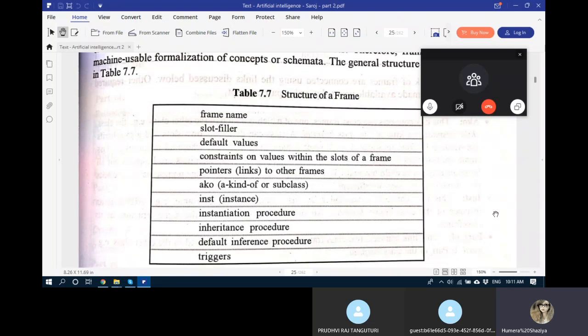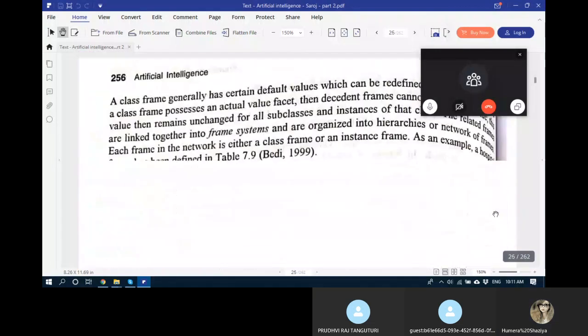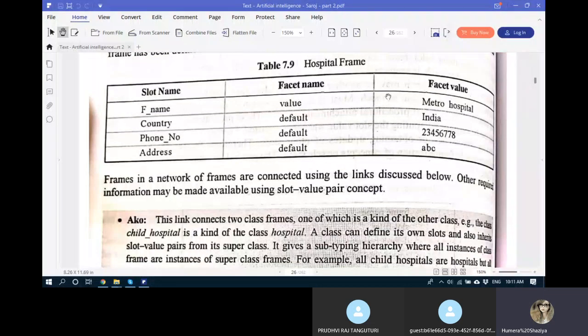So to represent a hospital frame, for instance, look at here, hospital frame.